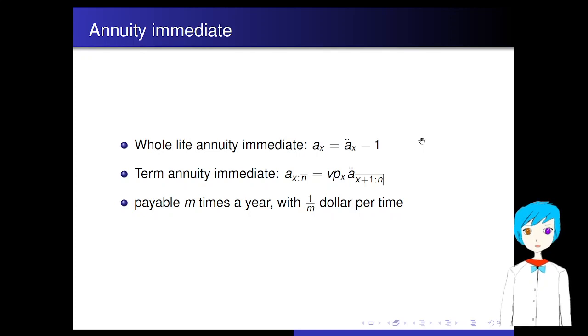For the term annuity immediate, we have the term annuity payable at the end of each period, a_x:n equals v times p_x times a-dot, the term annuity immediate starting from x plus 1 years old and lasting for another n years. Also, another variant is payable m times a year with $1/m per time. So we also have similar formulas.